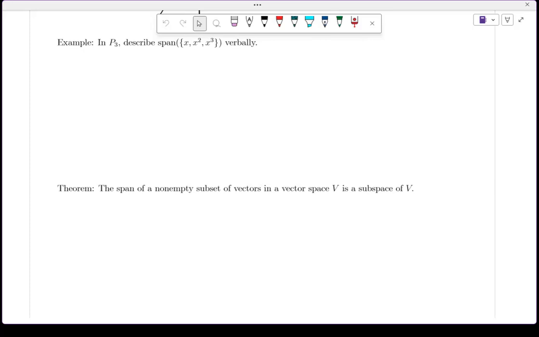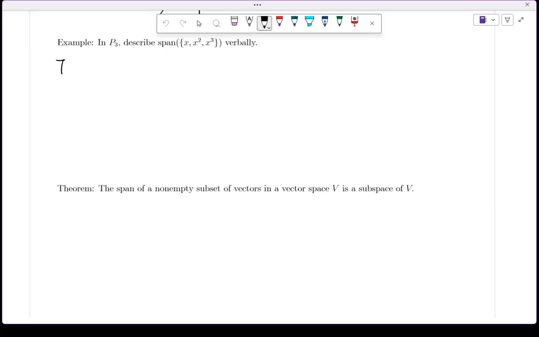What's missing? The constant terms, right? So verbally then, what set do I end up with? I certainly get polynomials of degree 3 or less, right? But what has to be true about the polynomial? The graph would go through the origin, so the constant term would have to be 0, right?